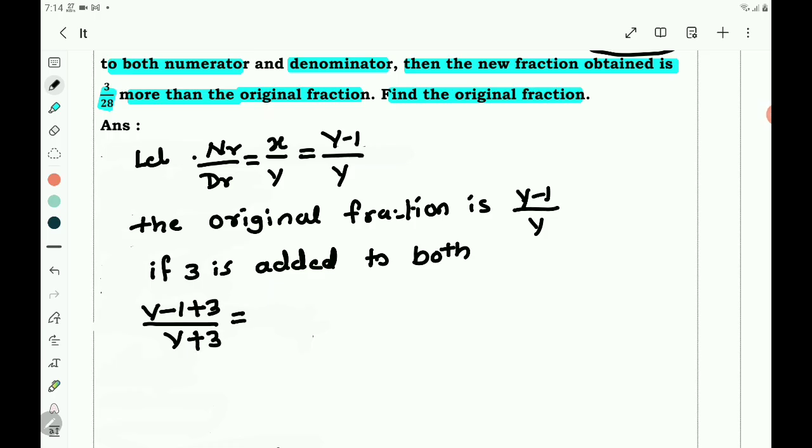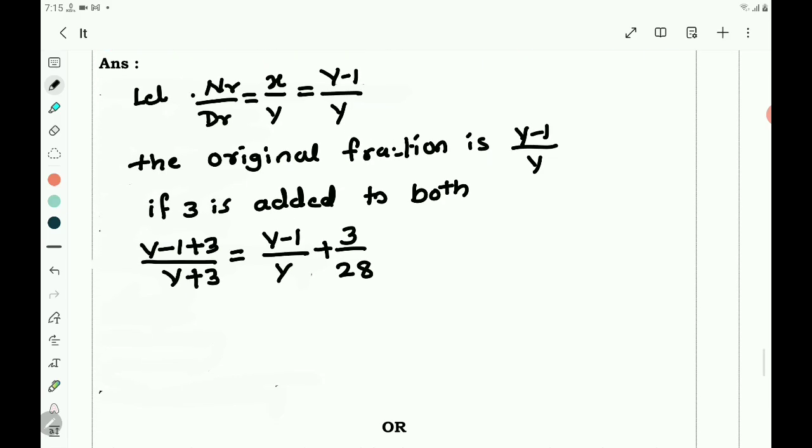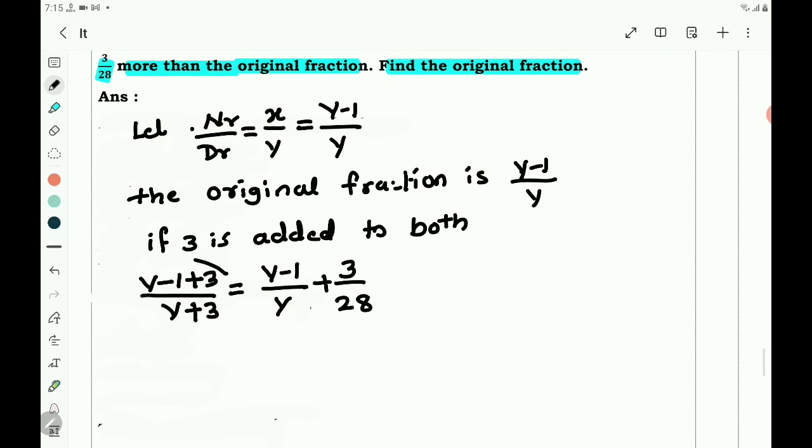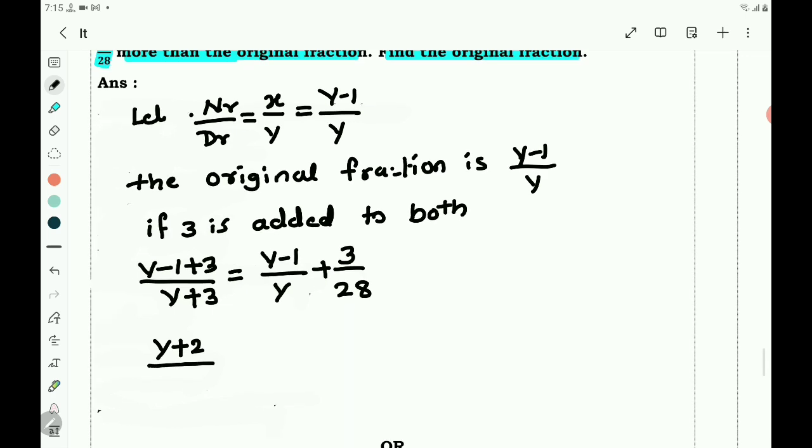If 3 is added to both numerator and denominator, the new fraction is 3 by 28 more than the original fraction. Means what is the original fraction? Y minus 1 by y. 3 by 28 more means plus 3 by 28. Now y minus 1 plus 3 means what you have to write? Y plus 2. 3 minus 1 means 2. Y plus 2 by y plus 3.